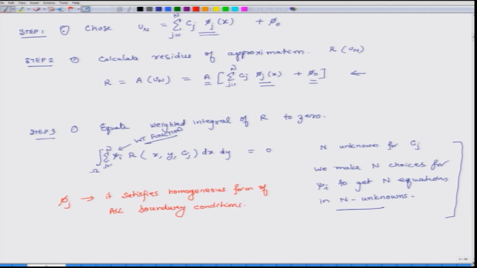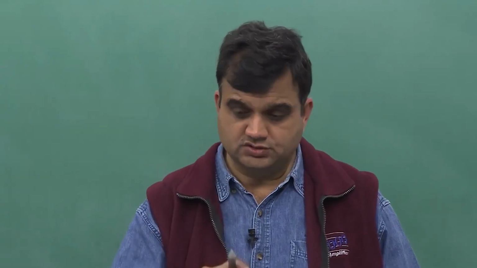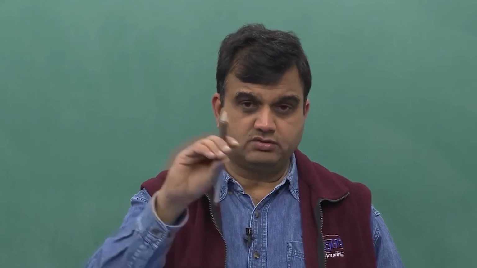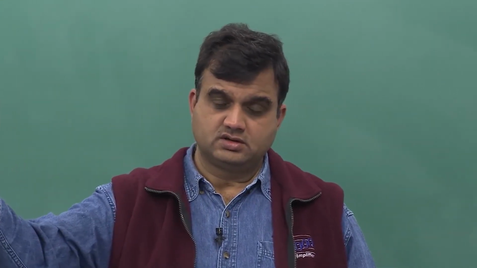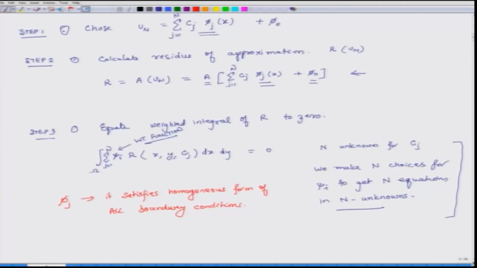So, all boundary conditions, not just natural boundary conditions or essential boundary conditions. Phi_j should satisfy all boundary conditions, but only their homogeneous form. So, if u equals a non-zero constant, I replace that non-zero constant by 0, and this phi_j has to satisfy that boundary condition.